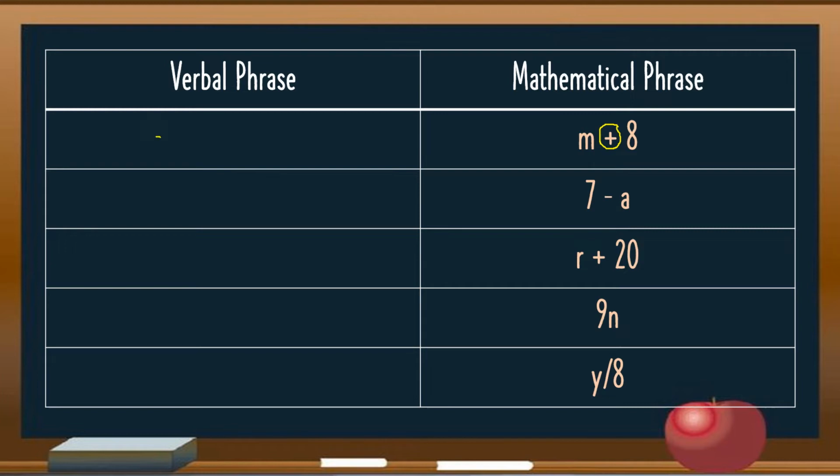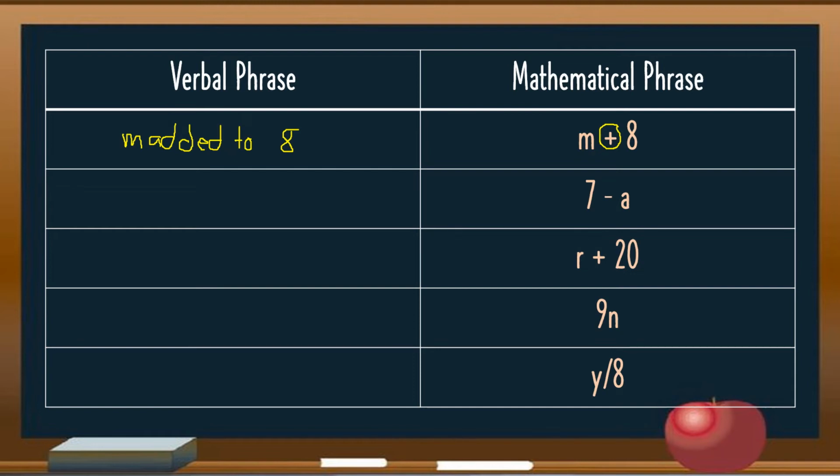So, sulat ko yung salitang added to. Okay? So, sino ba yung mga number na i-add? So, the numbers to be added are the letter M and the number 8. Okay, so ang verbal phrase ko is M added to 8.